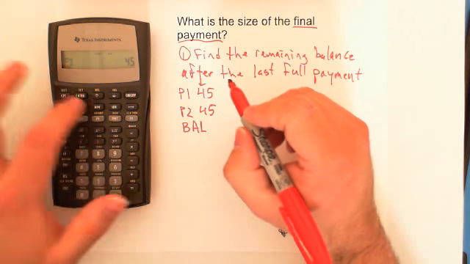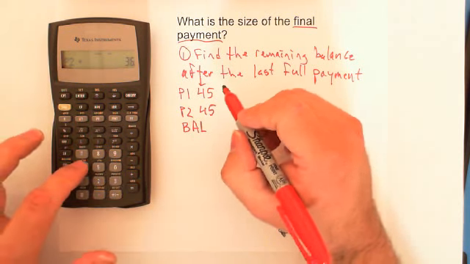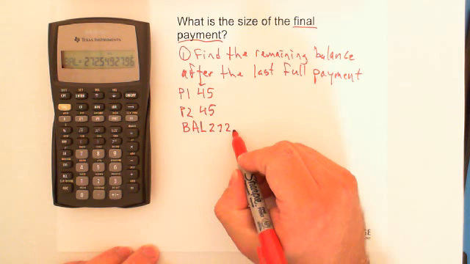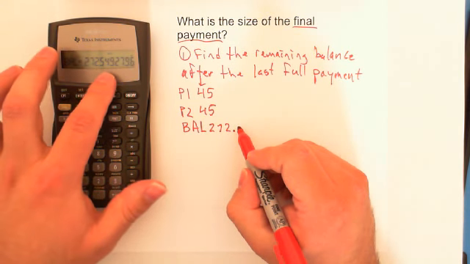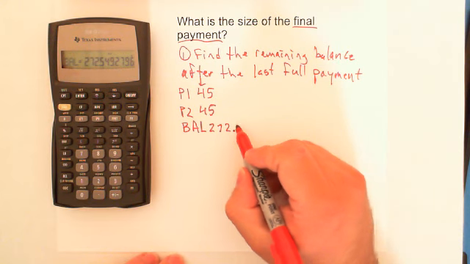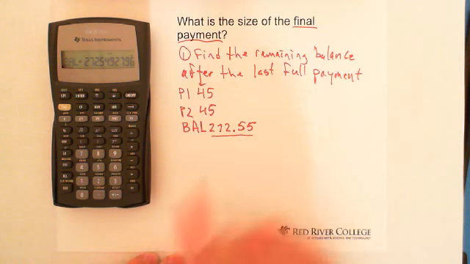We'll go 45, enter, down, and then 45, enter, down. Here's the remaining principal balance, $272, and it goes 549, so the 9 again rounds the 4 up to 5, so then 55 cents. This is the remaining principal balance for the final payment.